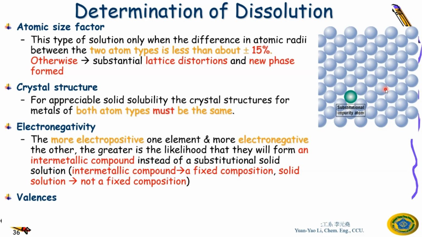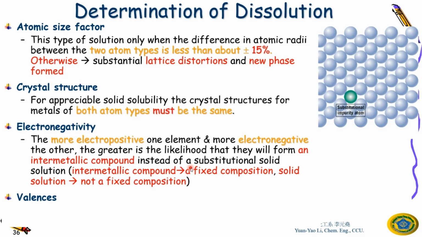Otherwise, it will form another compound called an intermetallic compound. In Chinese it is 介金属. The definition of an intermetallic compound is a fixed composition, only fixed, not any proportion. For a solid solution, it's not a fixed composition. Okay, so this is the third point.